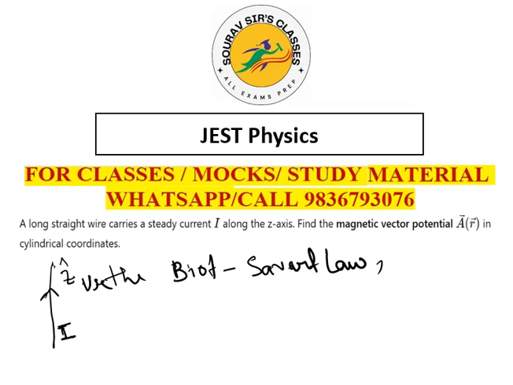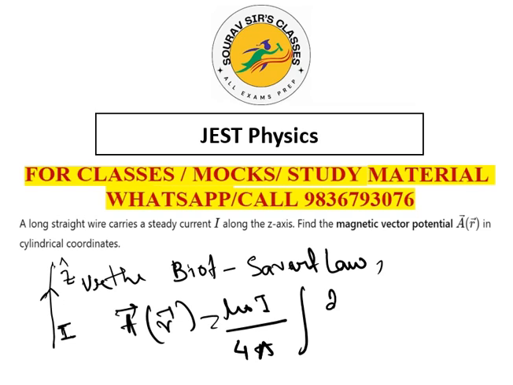We have from the theory that A as a function of R is equal to mu by I into 4 pi. So it will be dl prime for a small length by the modulus of R minus R prime, right?